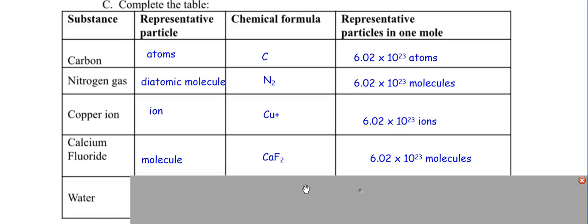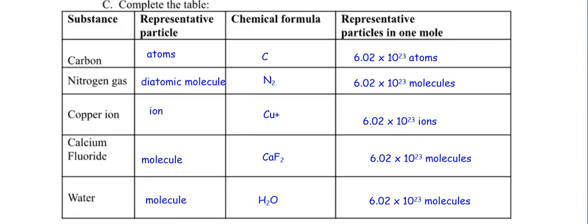You should remember that from the last part of chapter 7. And guess what? There are 6.02 times 10 to the 23rd molecules or formula units in 1 mole. And what's water? Water is definitely a molecule, H2O. So there are 6.02 times 10 to the 23rd molecules in 1 mole of water.